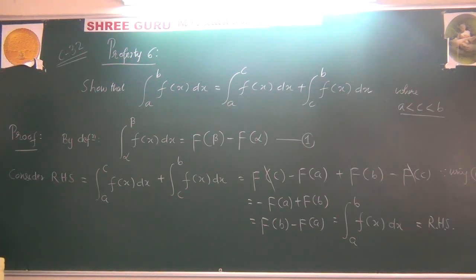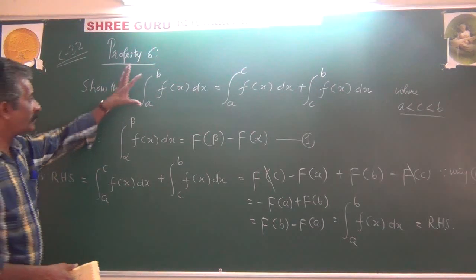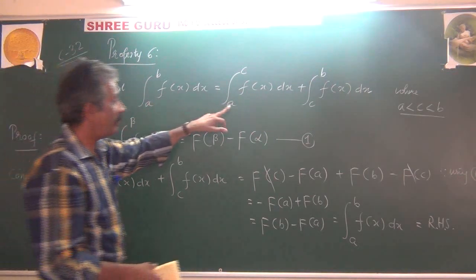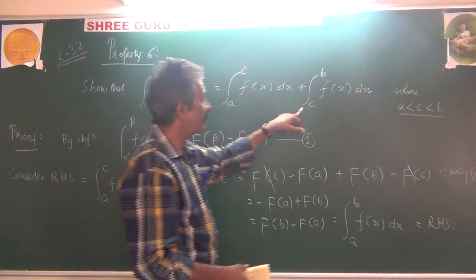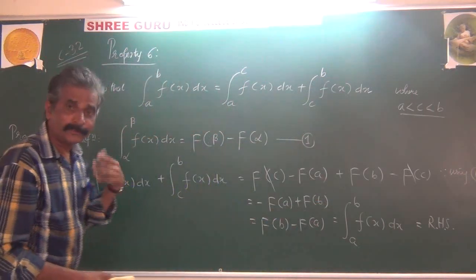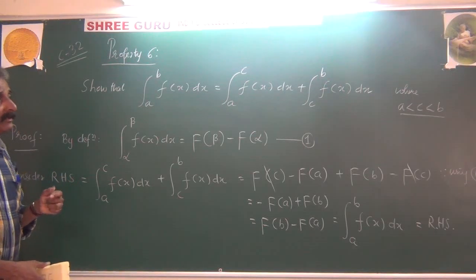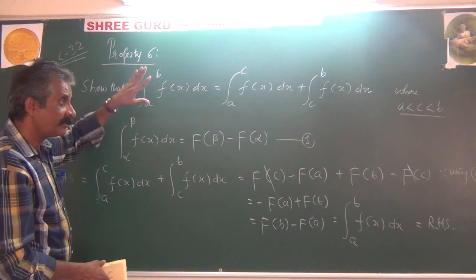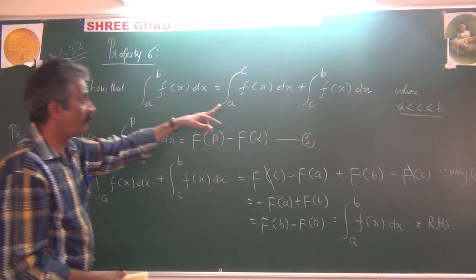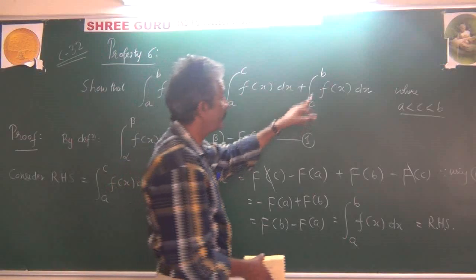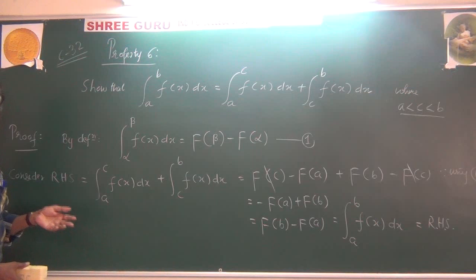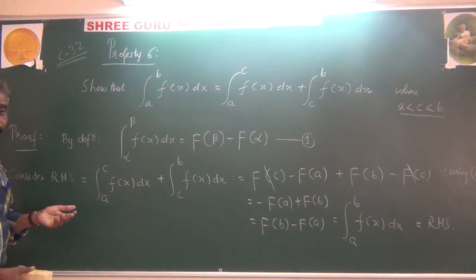To observe this theorem's mechanism, we have the interval a to b, but on the right hand side we got two intervals: one interval a to c, another interval c to b. So this theorem says that in a definite integral, whenever required, we can break the interval of integration into two intervals. So it is also called the interval breaking or interval decomposition property of definite integrals.